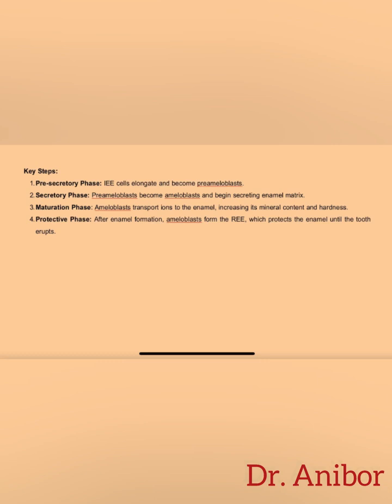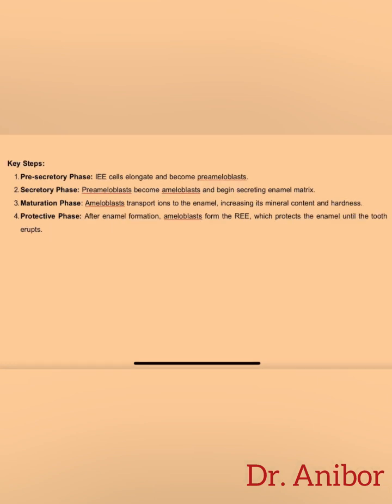Then next you have the maturation phase, where the ameloblasts transport ions to the enamel, and this increases the mineral content of the enamel and makes the enamel quite hard. It increases the hardness. Then the fourth stage here, the protective phase.